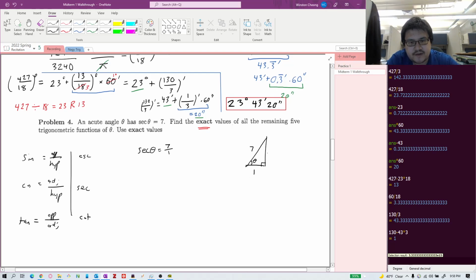So if I call this side b, then 1 squared plus b squared equals 7 squared. When we solve for b, we subtract and then take the square root. So b is equal to the square root of 7 squared minus 1 squared.